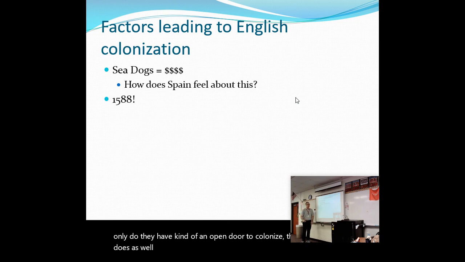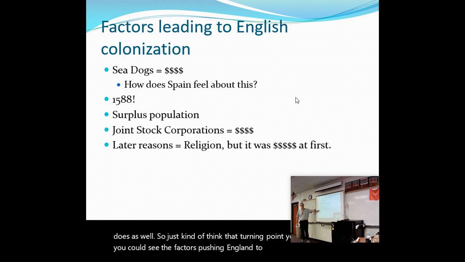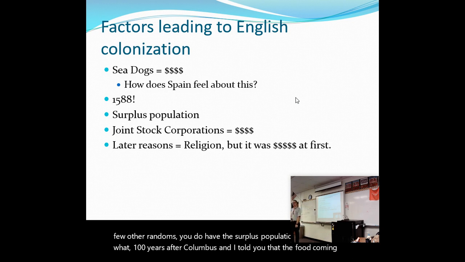So think, that turning point year is major, and you can see the factors pushing England to colonize. If you need a few other randoms, you do have the surplus population, which is now 100 years after Columbus, and I told you that the food coming over feeds Europe.